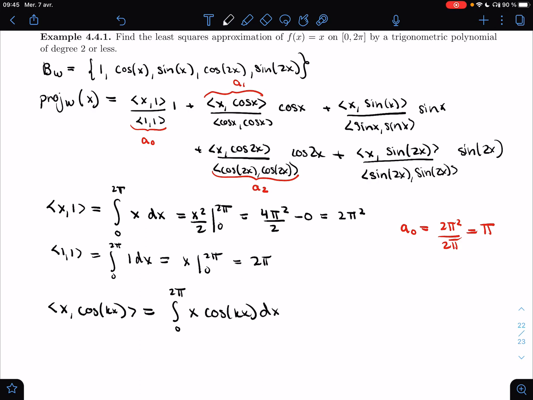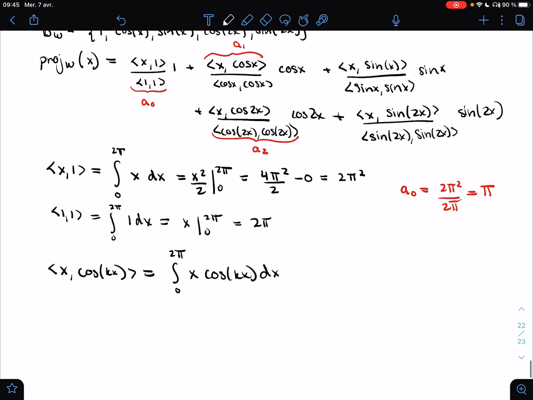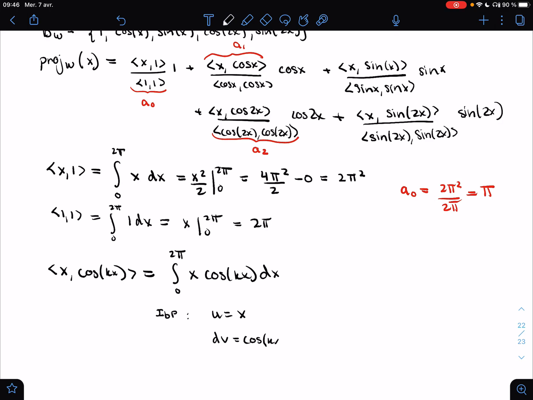If you remember your Cal 2 well, if I have a polynomial times a cosine like this, it's going to be integration by parts. I'm going to take u to be the polynomial, dv to be the cosine, du is going to be dx, and v is going to be sine of kx over k.